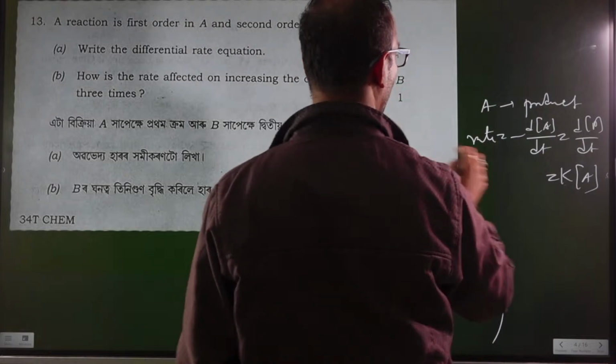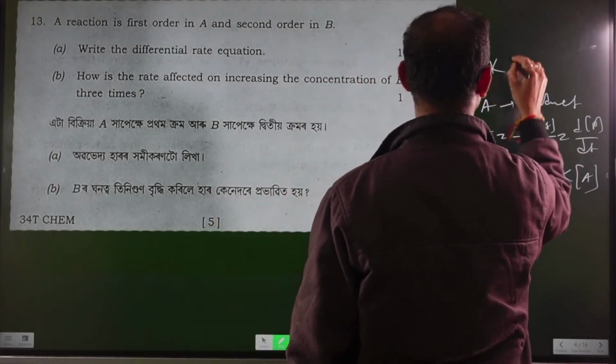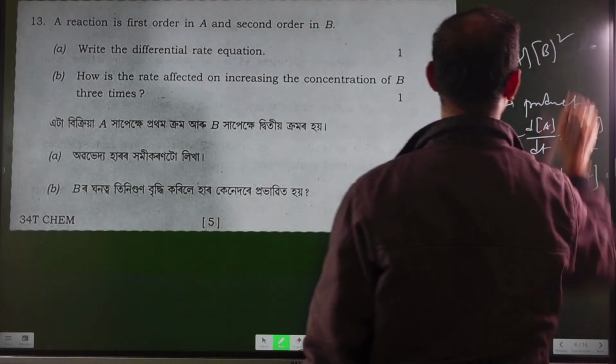And in this case, it is given as A and B squared.